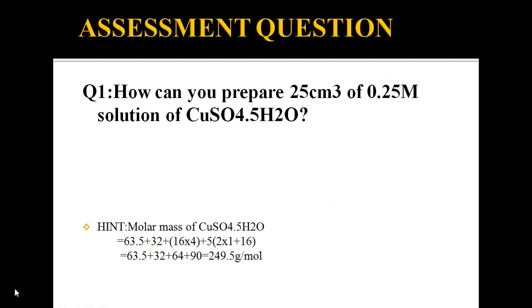How can you prepare 25 centimeter cube of 0.25 molar solution of copper sulfate dot 5 water molecules? So same, volume is 25 centimeter cube, molarity is 0.25 molar. Calculate the mass of solute, number 1, first step, and second, the steps which are given for the preparation of solution. 3/4 steps are given for the preparation of solution.